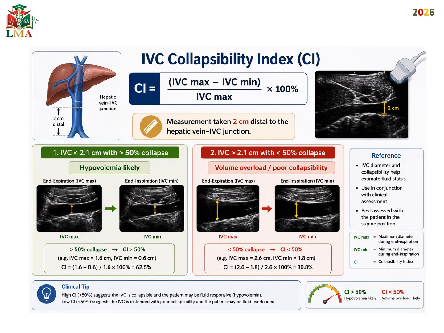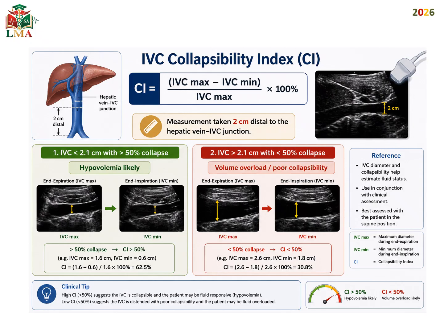A high collapsibility index suggests that if your vena cava is collapsed, the patient may be fluid responsive and hypovolemic, whereas if it is not collapsing, that means there is overhydration.